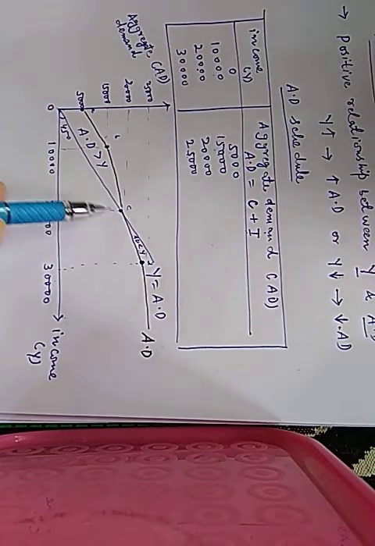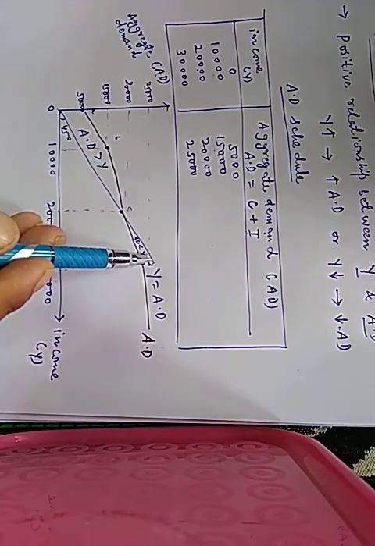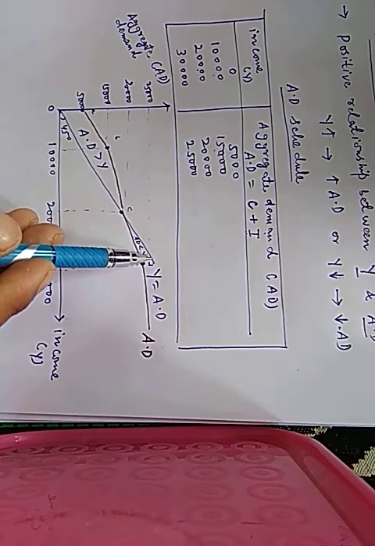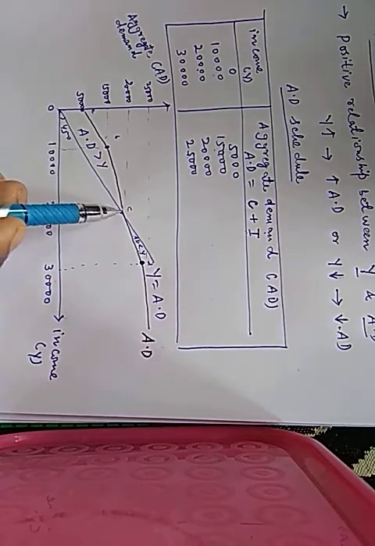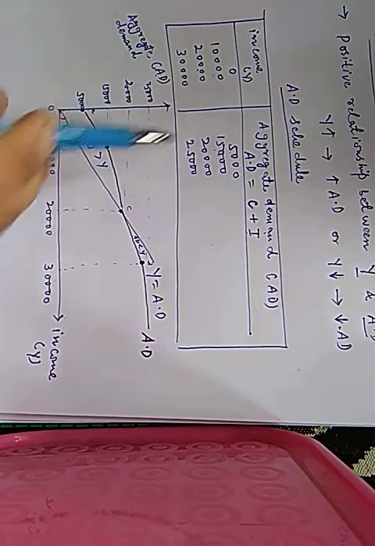That is why beyond this point, the aggregate demand curve lies below the 45-degree line. And up to this point, aggregate demand lies above the 45-degree line, showing aggregate demand greater than income.